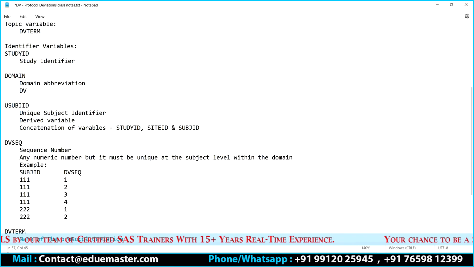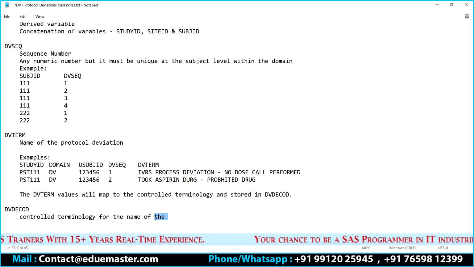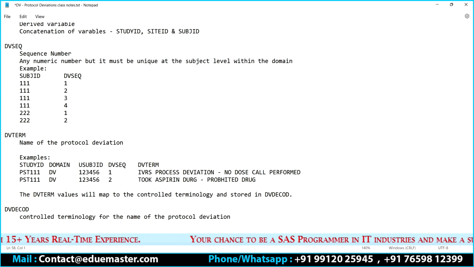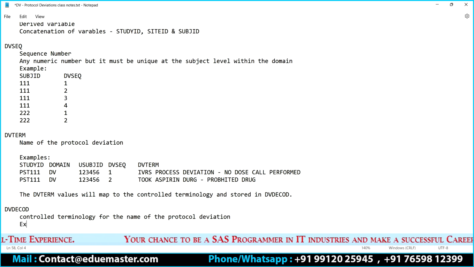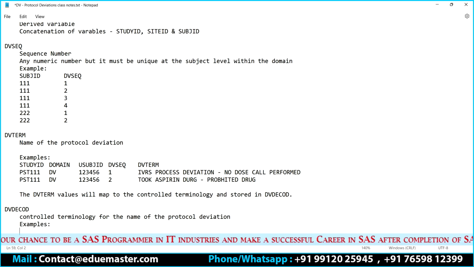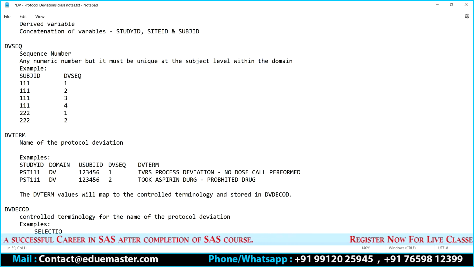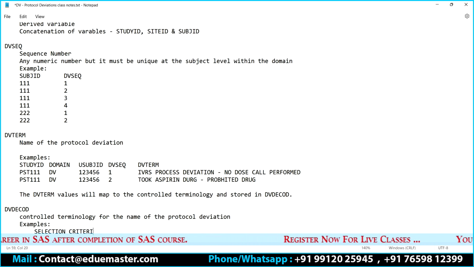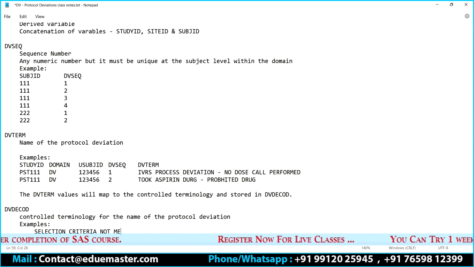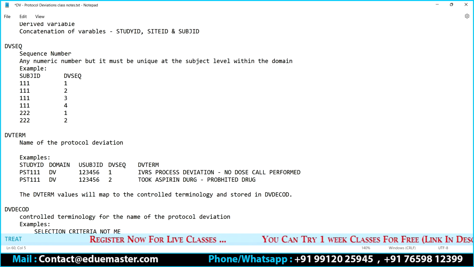Whatever protocol deviation happened, for that particular protocol deviation, the controlled terminology. Okay, what are going to be the examples? It can be like selection criteria not met. Anything, selection criteria not met, right? There is going to be a treatment deviation.